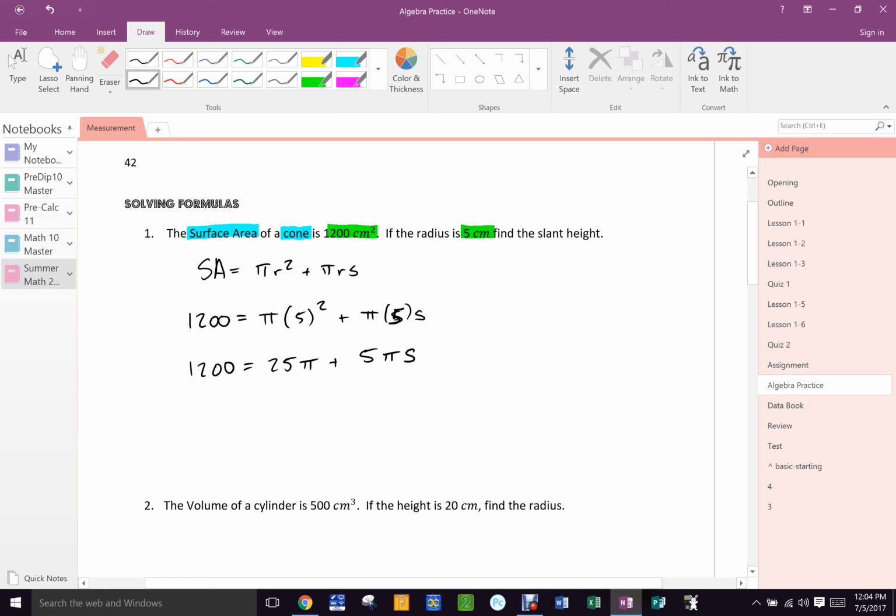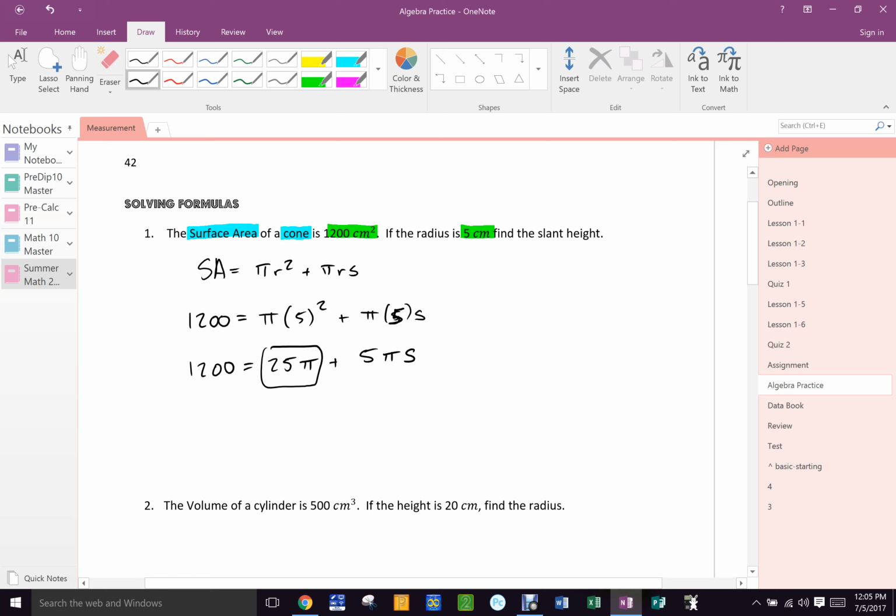Now, here is where kids start screwing up. In algebra, what's our job? Find the missing letter, right? So I got to end up with that letter by itself. So I got to move everything away from that letter, don't I? So I start as far from the letter as I can.